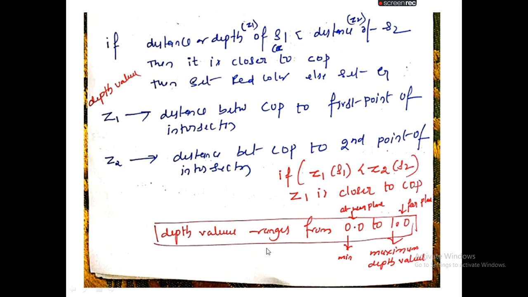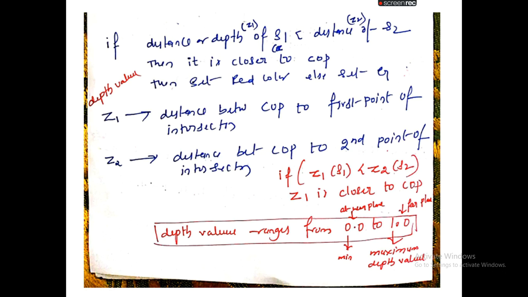Generally, we take the depth value or Z value in the range 0.0 to 1.0. So what does 0.0 mean? 0.0 is the near plane distance, and 1.0 is the far plane distance.